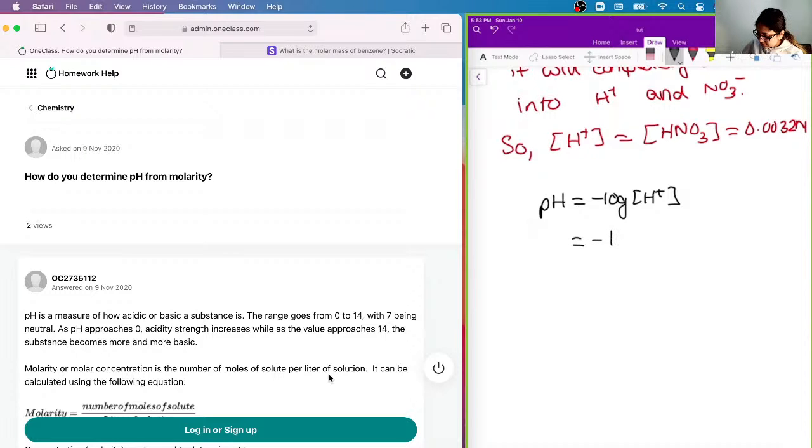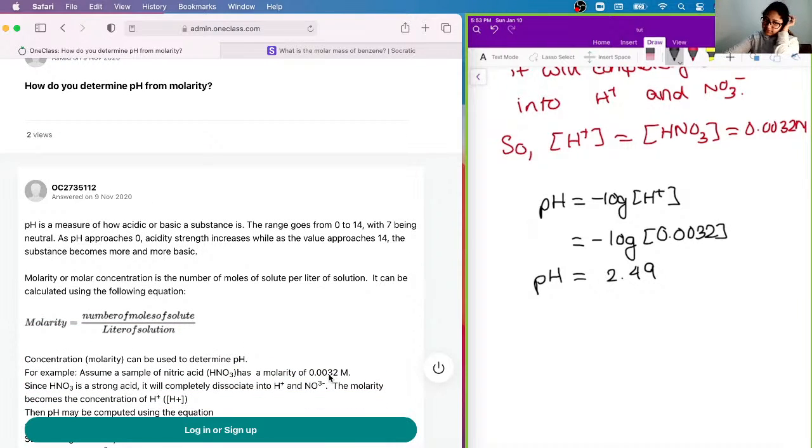So you have negative log of 0.0032, and if you put this in your calculator, you get a pH of 2.49. You can see this is very acidic since it has a pH of 2.49, and this is how you find pH from molarity or concentration.